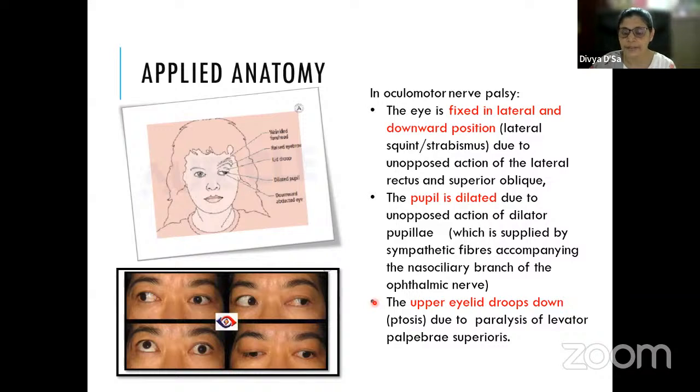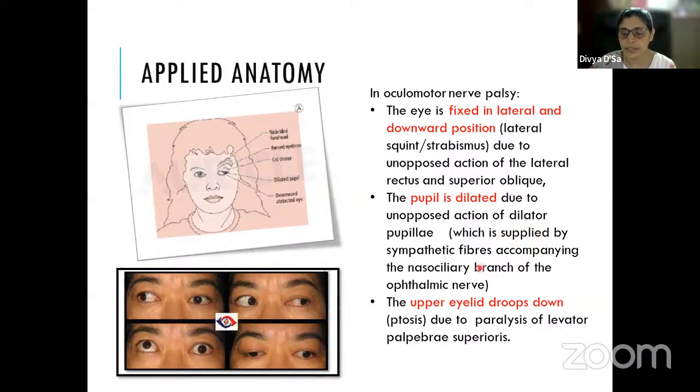Because there is unopposed action of the lateral rectus and superior oblique, because those two muscles bring about the lateral rotation, and they are not supplied by the oculomotor nerve. So they are intact, and because of their action, the eye is deviated towards the lateral side and fixed there. Then the pupil is dilated because of the unopposed action of dilator pupillae.